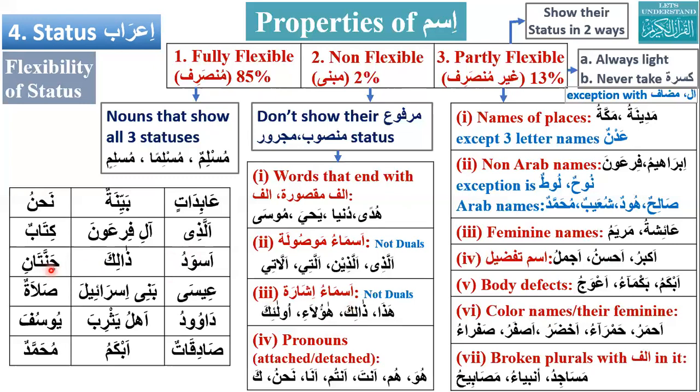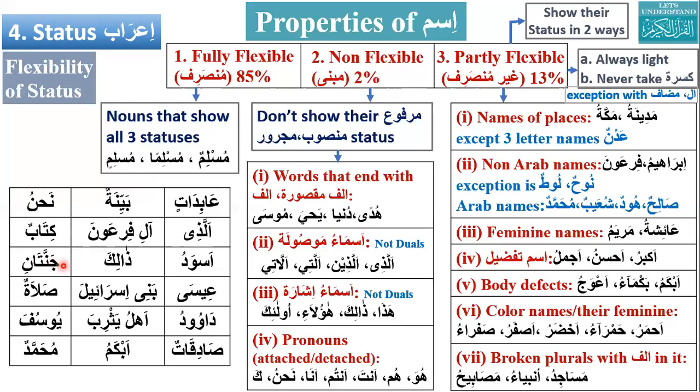Jannatani, Hassan. Jannah is one garden. Jannatani, two gardens. It is marfu, and its mansoob is Jannataini, and majroor is Jannataini. So tell me the status now.